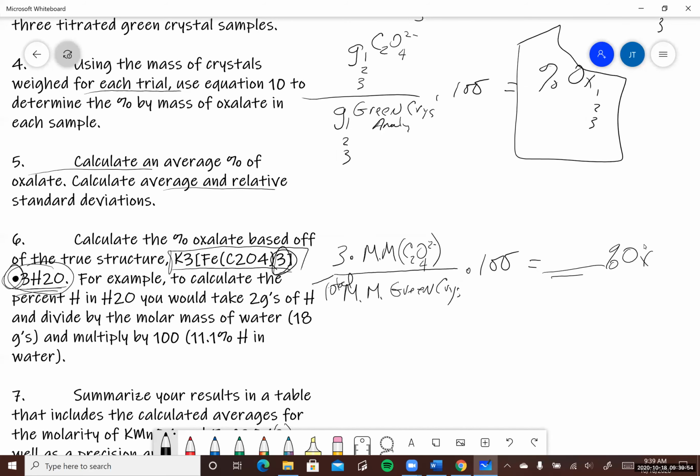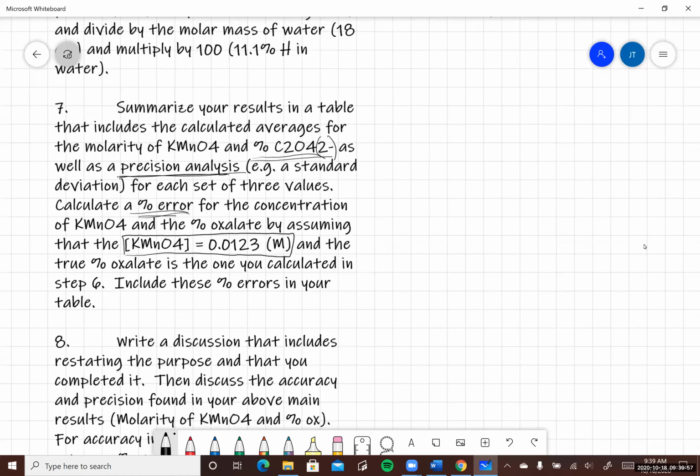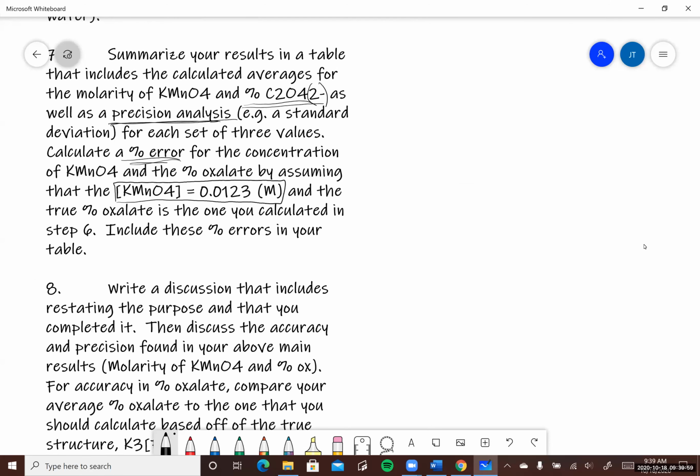Okay, so you're going to get an idea of the precision by presenting in your table the standard deviation or the percent relative standard deviation. That has to do with how many digits you can repeat from one experiment to the next, and that speaks to precision. Whereas the accuracy is addressed by a percent error calculation.